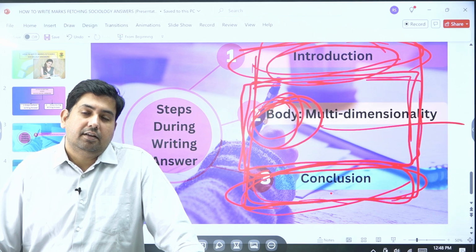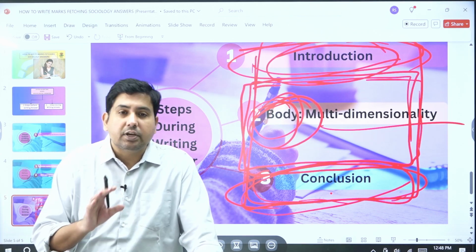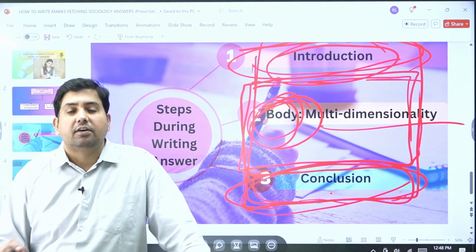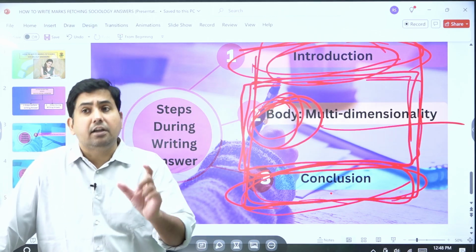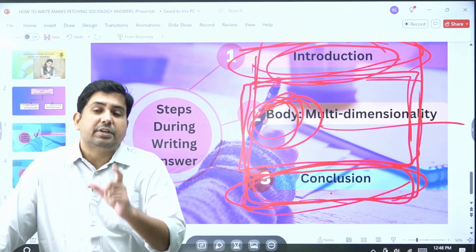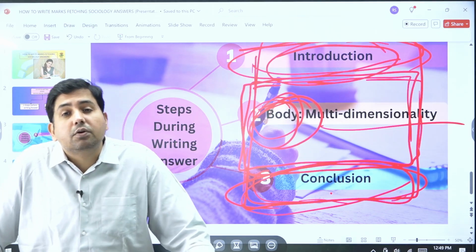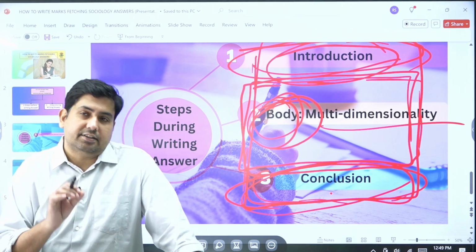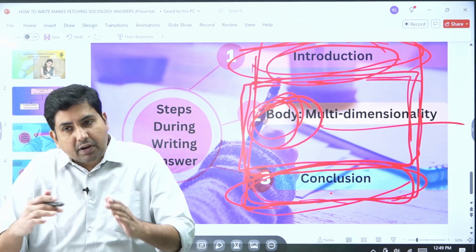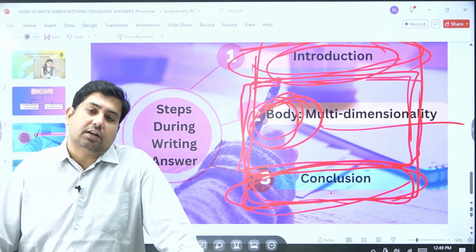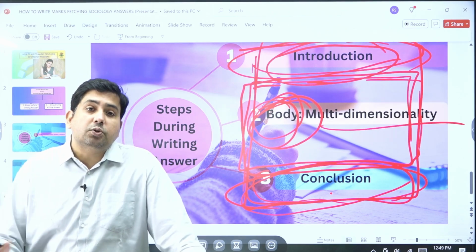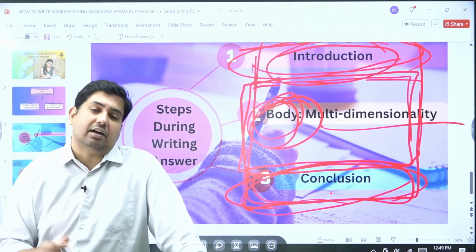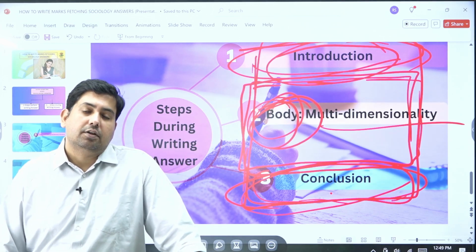Clear? Now a little bit more. Also keep in mind some general tips for all sociological answers: your presentation has to focus more on cleanliness. Okay? There should be proper flow in your answer. There should be coherence in your paragraphs, not haphazard paragraphs. There must be coherence among paragraphs.